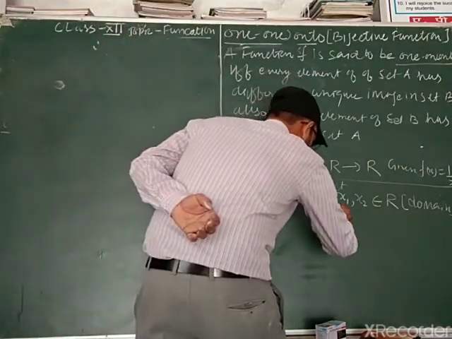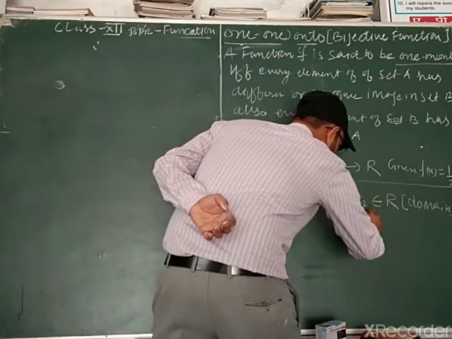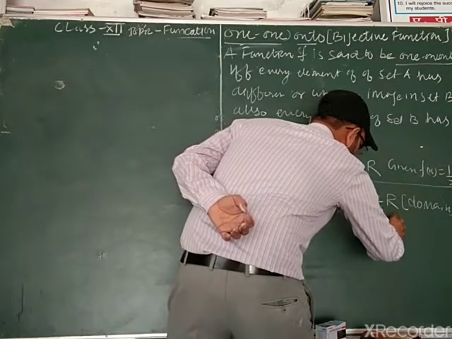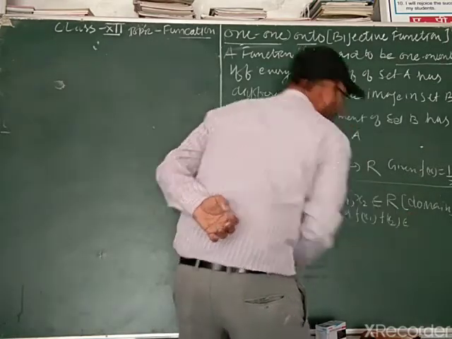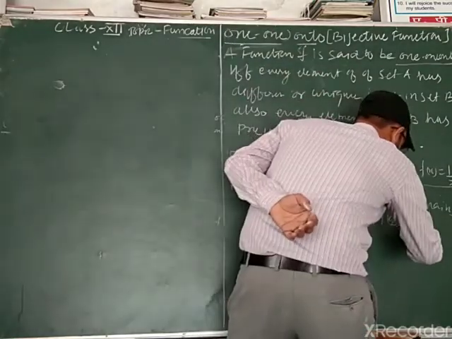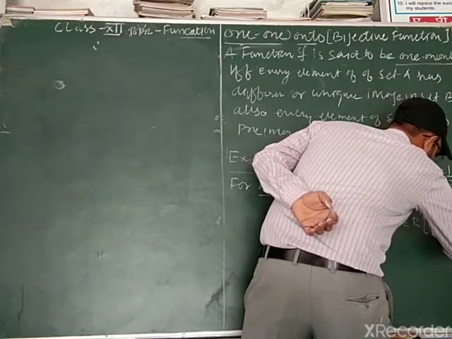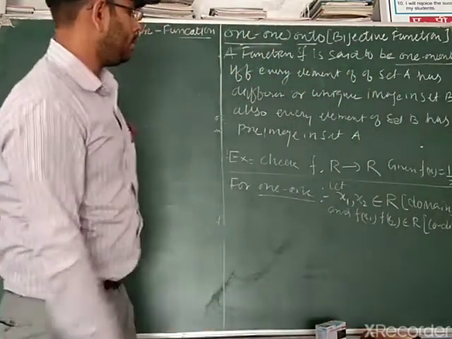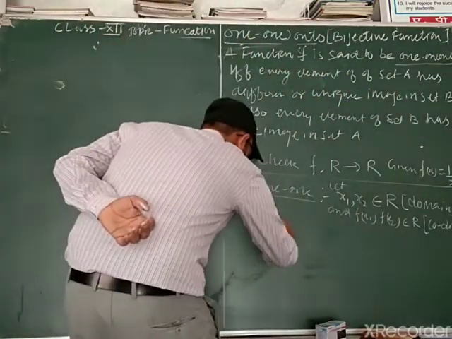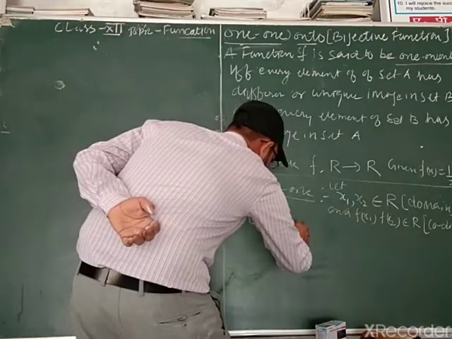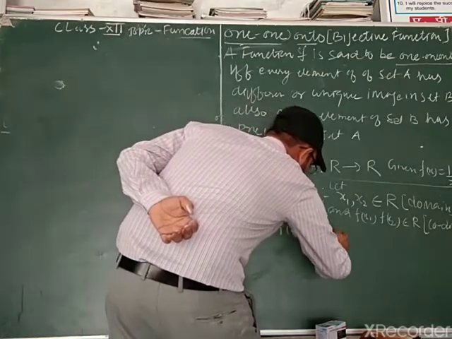And f(x1), f(x2) are two elements we are selecting from the codomain. Clear? So let f(x1) is equal to f(x2).